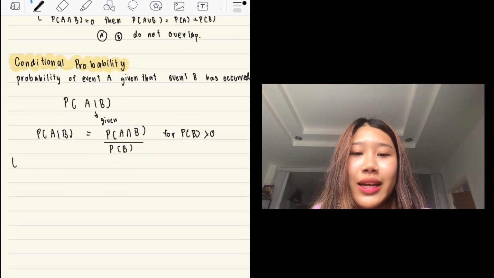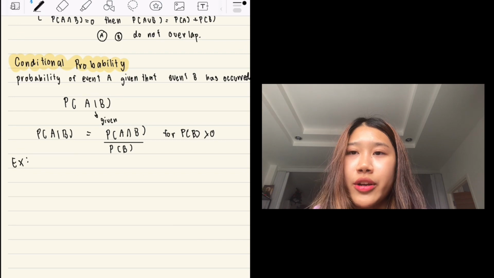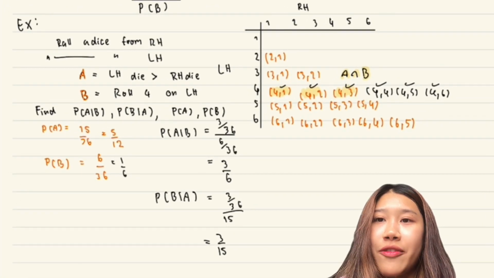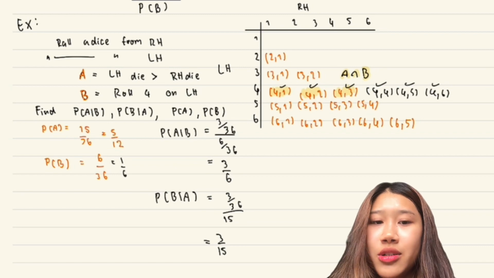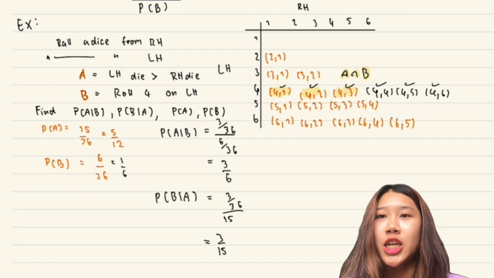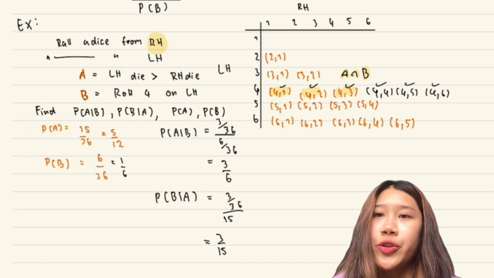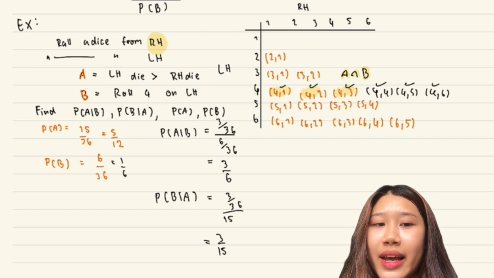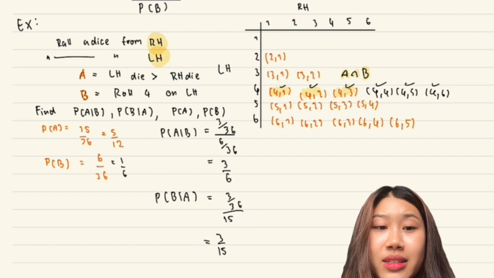So let's look at an example to illustrate this and for you to have more understanding about conditional probability. It's a bit complex and new to you, but I think you can do it. Let's say you roll a die with your right hand and you roll a die with your left hand.